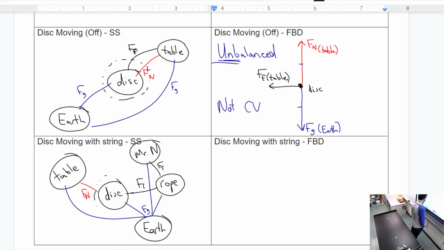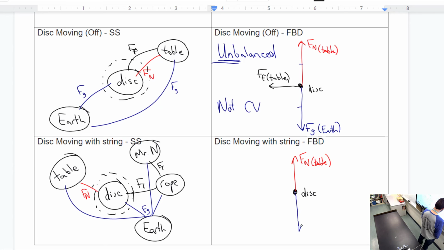The object to care about is the disk. Now if I look at how many lines are going inside of this dotted line part, there are 1, 2, 3 lines going into the dotted lines. So that means I should end up with 3 forces. So I have the disk. I have a normal force from the table. I have a force of gravity from the earth.